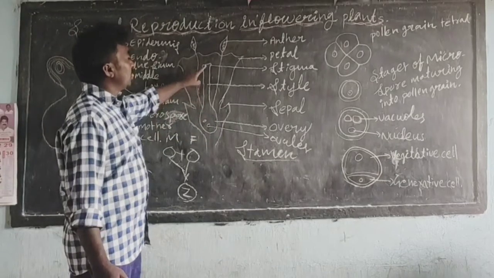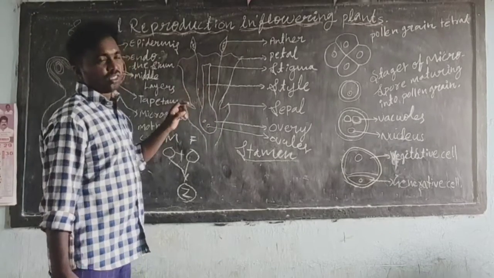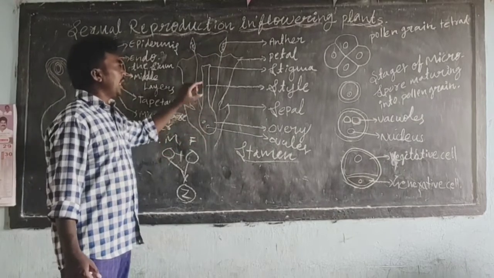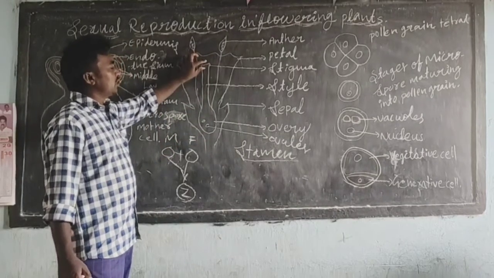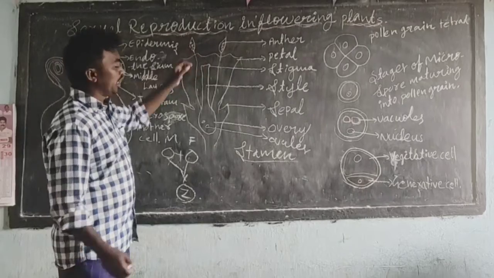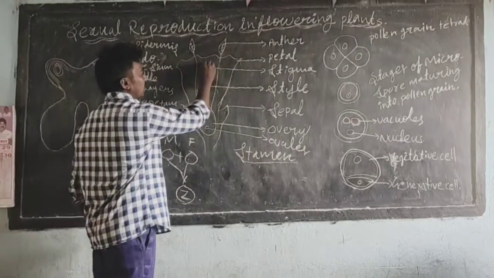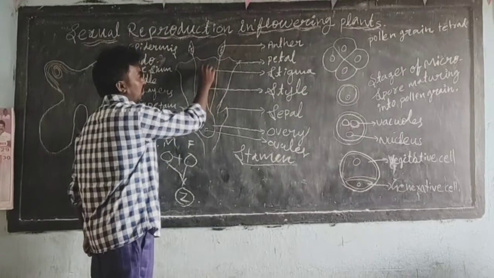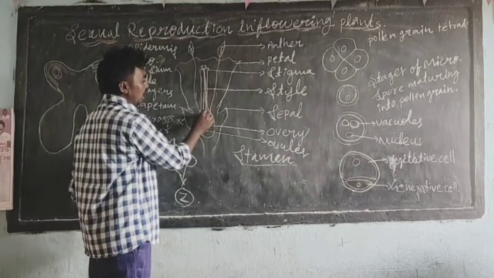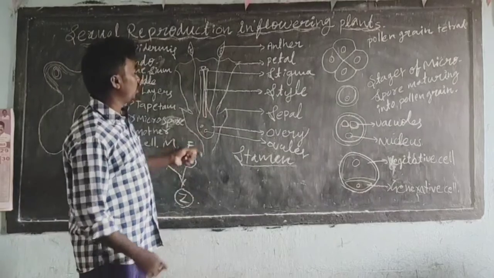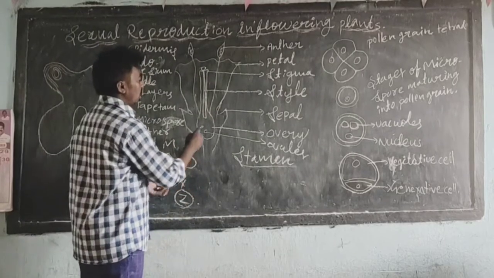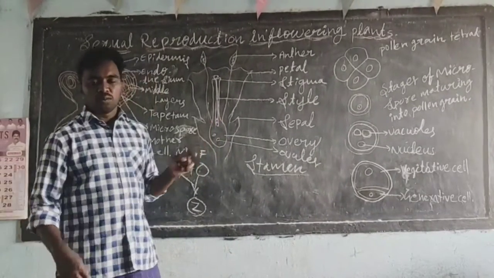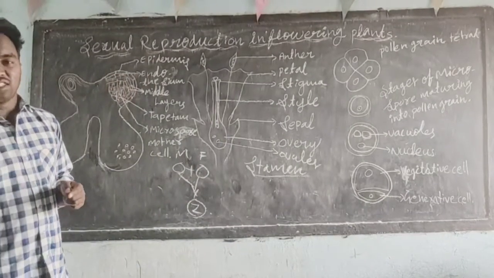Next one, stigma and style. This stigma and style are attached to the ovary, and the stigma is useful for the attachment of pollen grains. The pollen grain on the surface of the stigma produces a tube-like structure, and this is called the pollen tube. This pollen tube produces the male gametes.